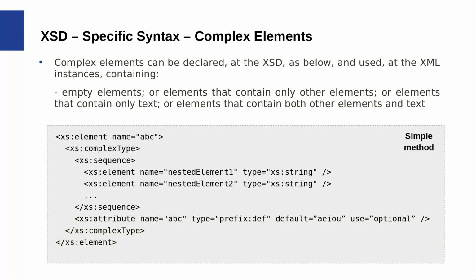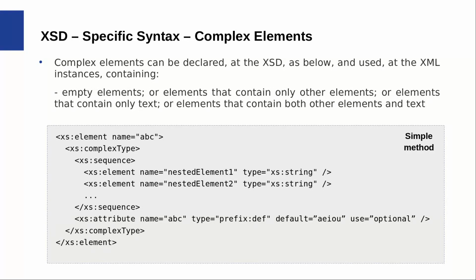And the way of declaring complex elements may vary depending on the design method chosen for writing your XSD file, and we will see now all these three forms of declaring a complex element.